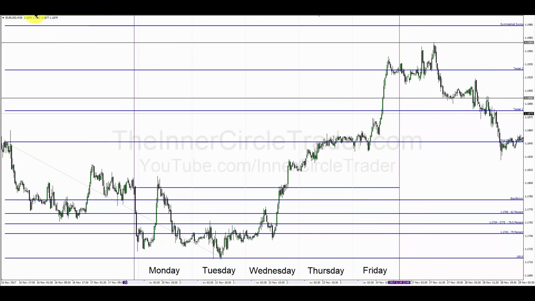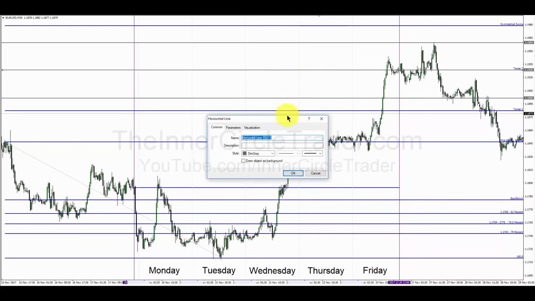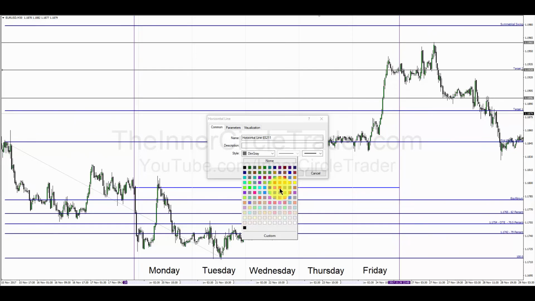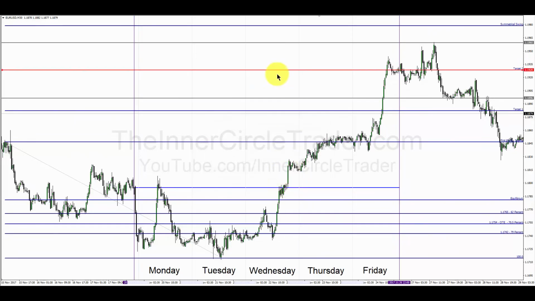So I'm going to draw another horizontal line right here, and I'm going to change the color of this one to delineate why I'm drawing it, because this is all going to be based on this price swing and everything to the right of it.